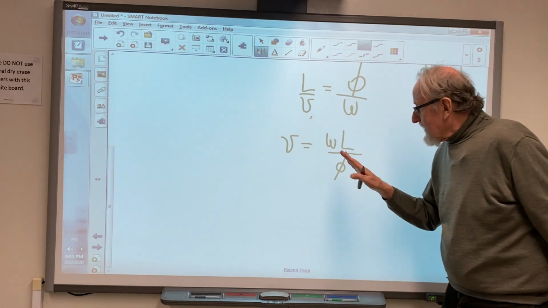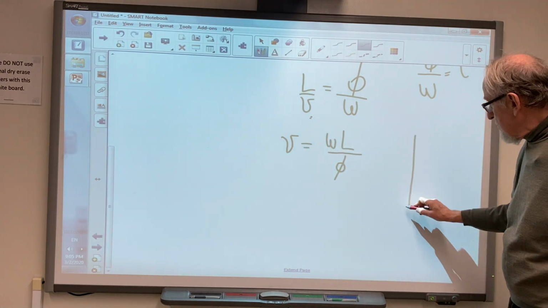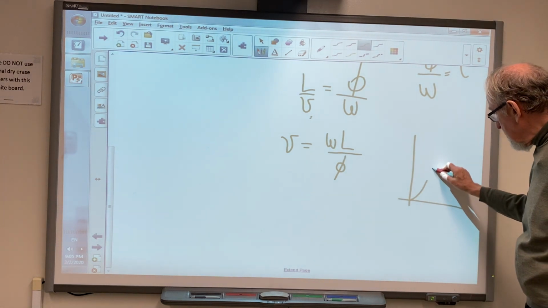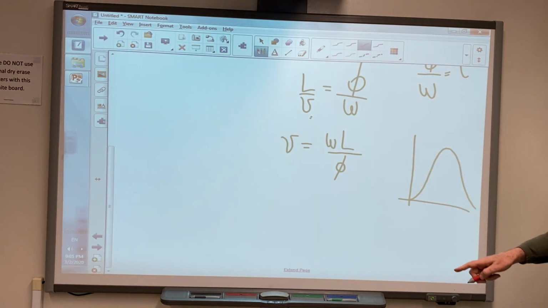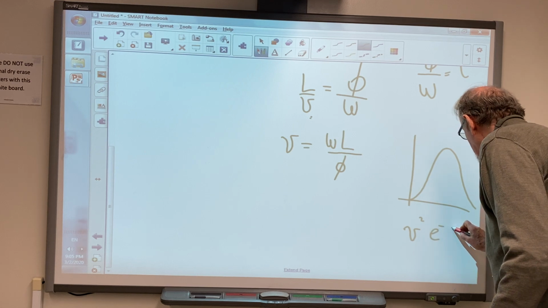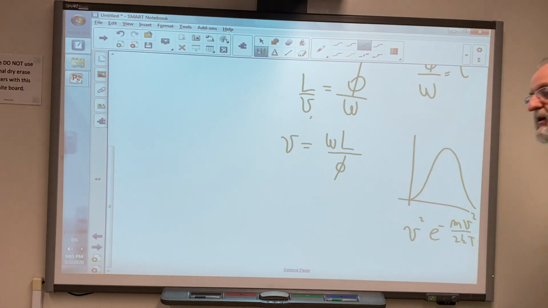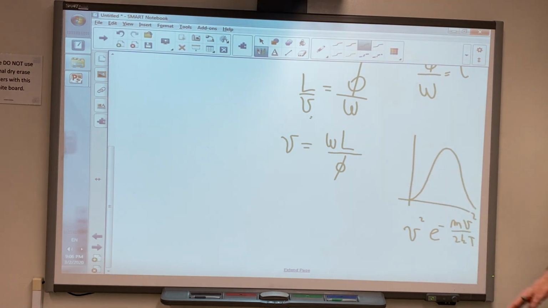If the world were as simple, you would measure the different velocities, you would plot how many molecules are from each velocity, and you would get the Maxwell-Boltzmann distribution that I just represented, something proportional to v squared e to the minus mv squared over 2kT. Okay? That would be my ideal world.